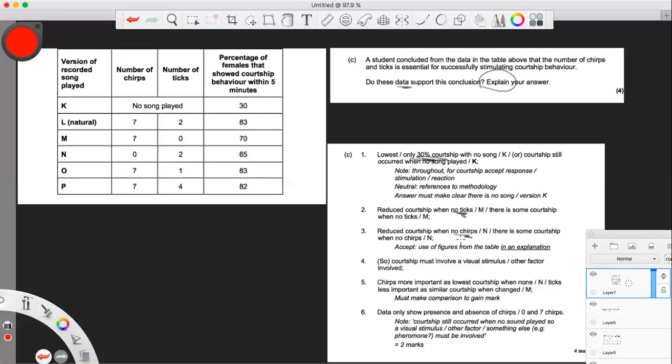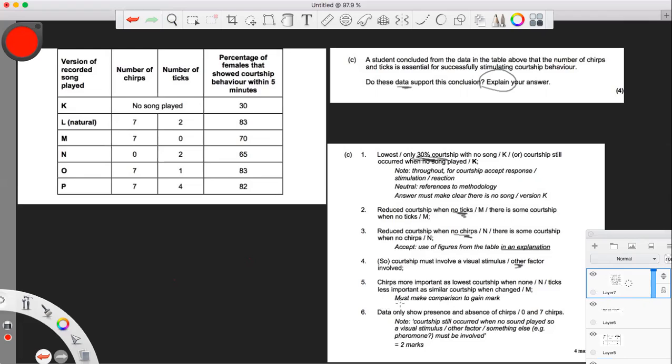Talking about when there's no chirps. Then coming to the conclusion that because courtship is happening when there are no ticks and chirps, there must be something else. They say visual stimulus, but you can say anything else. There's something else that the crickets are attracted to. And then coming to some conclusion about which is more important, the chirps or the ticks, and why.